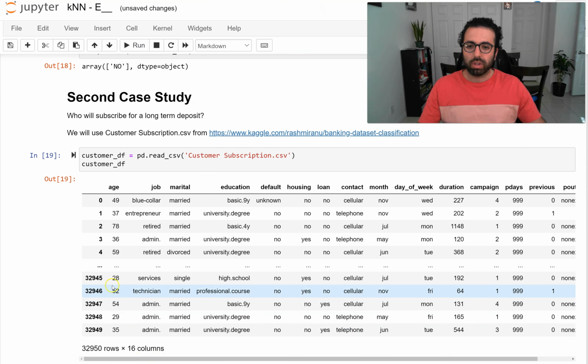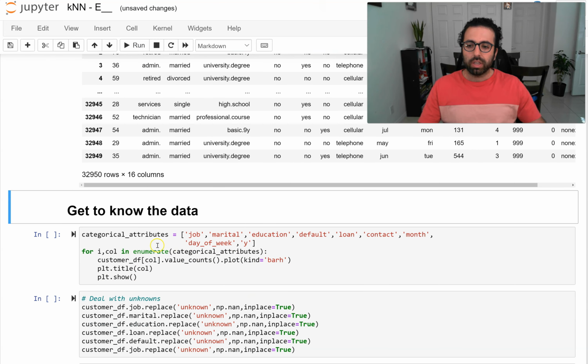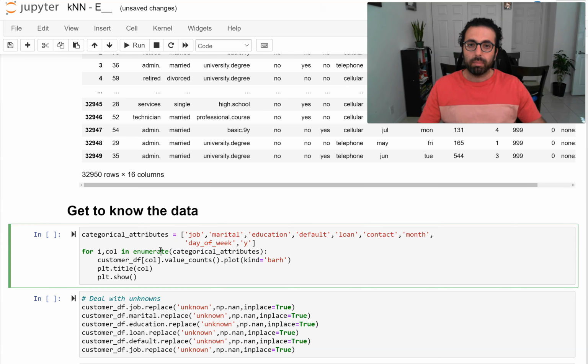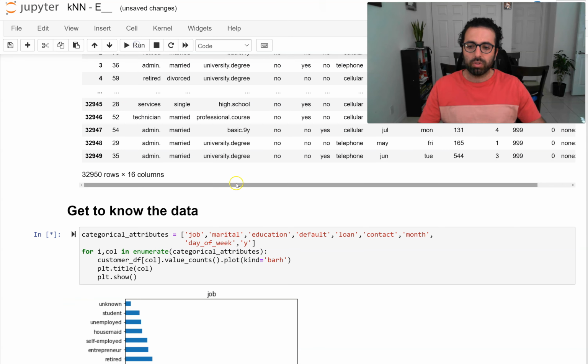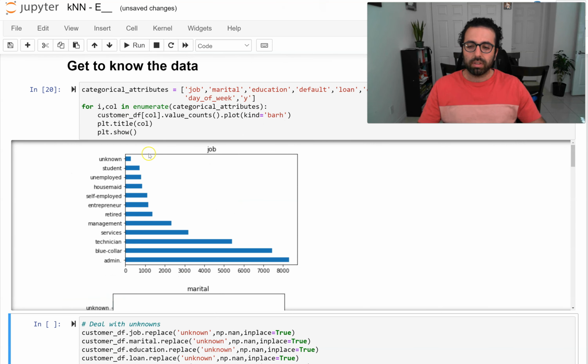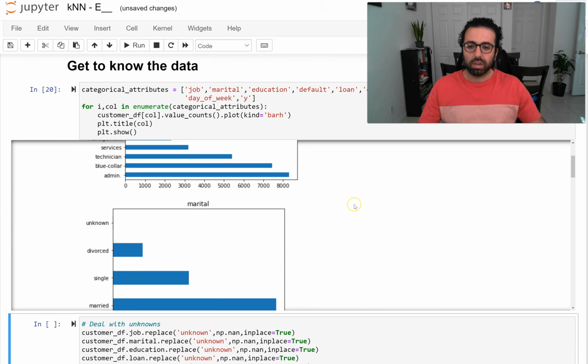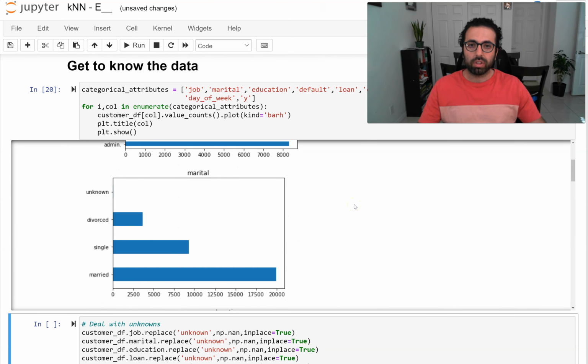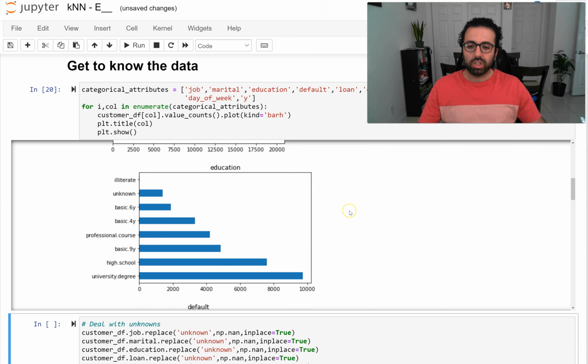So this data set has 16 attributes, and some of them are categorical and some of them are numerical. We separate the categorical attributes so we can more effectively get to know all of the attributes. So the categorical attributes are job. We can see different types of jobs in this data. We have marital status for the customers. We have the education for the customers.